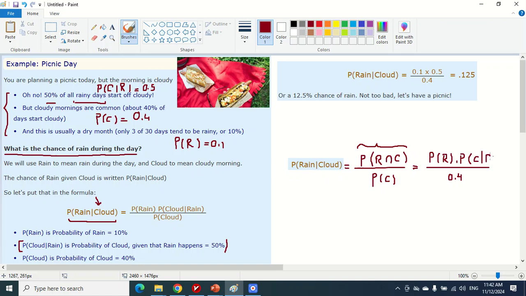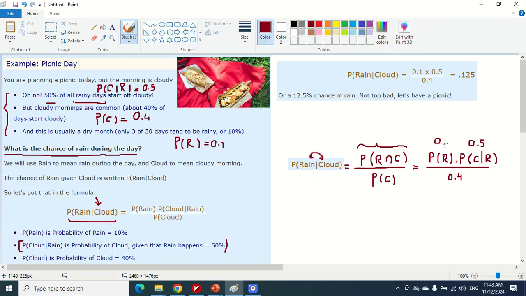So we swap the place of the condition by this technique. The probability of being cloudy if it's rainy already is 0.5, given in the question, so I can replace it by 0.5. And the probability of getting rain is 0.1.